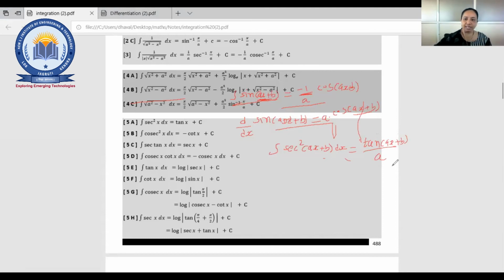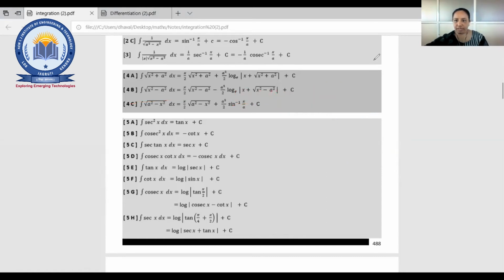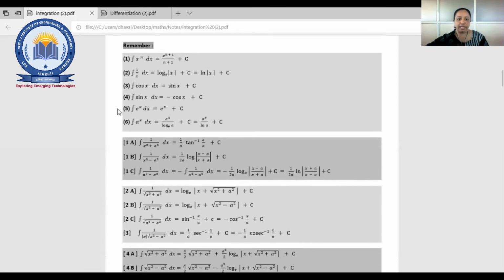Now same way e raised to x. Here we have seen that integration of e raised to x dx is the same, e raised to x. Now what if you are having e raised to ax plus b or something like that? Suppose e raised to 5x plus b. So what should be the answer? Anyone, student?